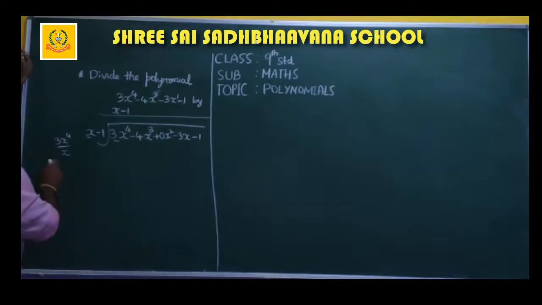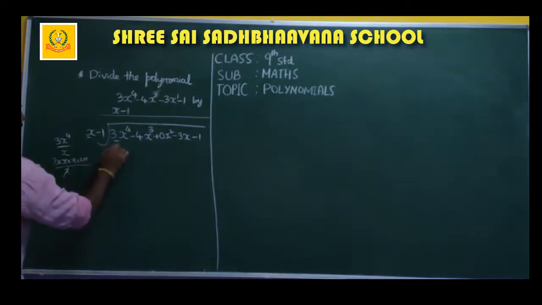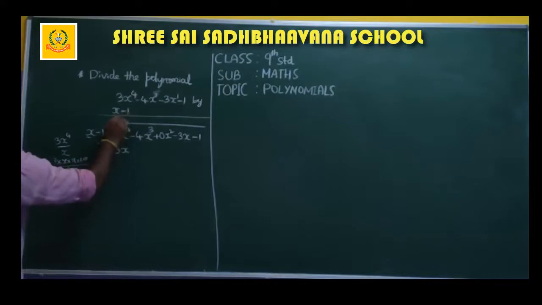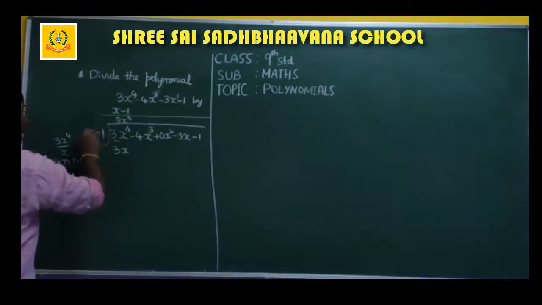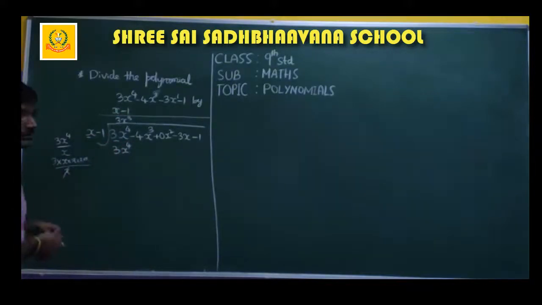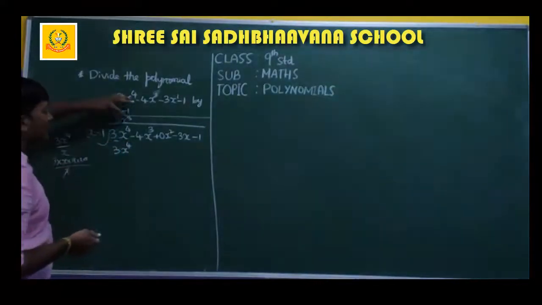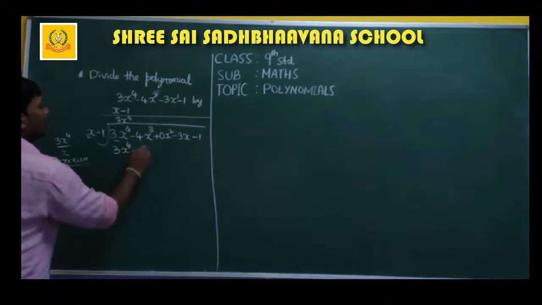So 3x power 4 is nothing but 3 into x power 4, divided by x. So x will get cancelled. You will be left with 3x cube. Okay, so 3x cube into x, 3x power 4, and 3x cube into minus 1, which is minus 3x cube.